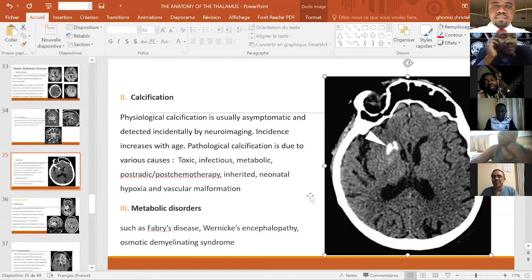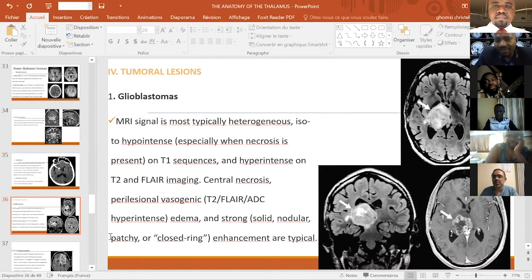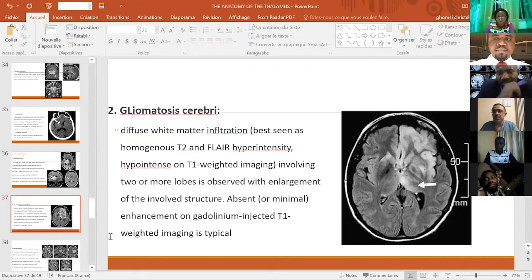Right. And when you look at thalamic lesions, most of those lesions tend to affect one side of the thalamus, isn't it? Except maybe if you have a massive infarct. What is the general clinical presentation of those patients?